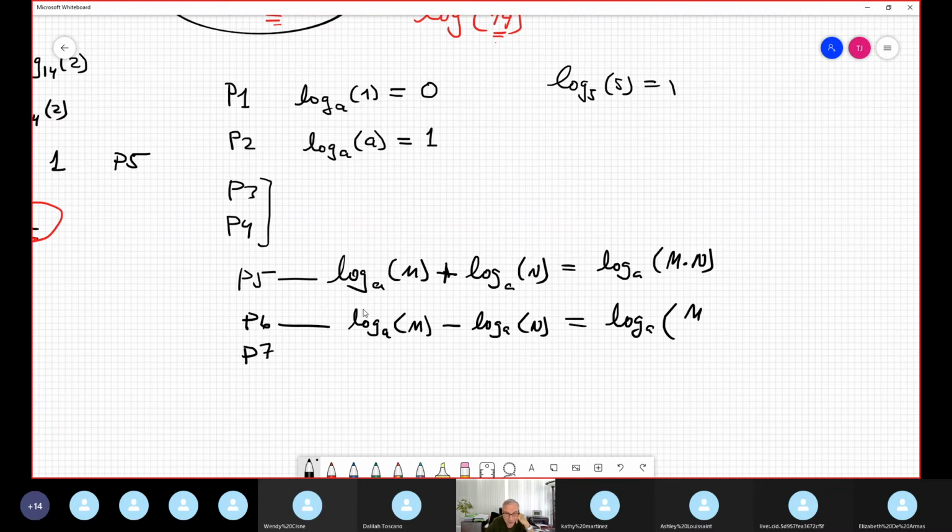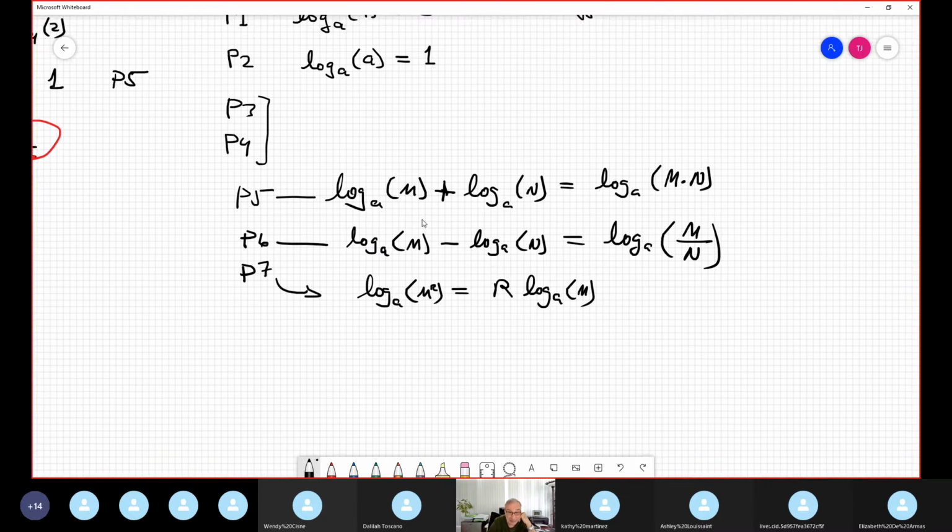The positive is in the top and the negative is in the bottom. And property number 7 is when you have an exponent. Suppose M to the R power, you put the exponent in the front as a factor.